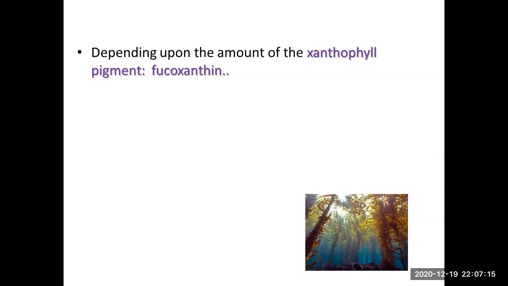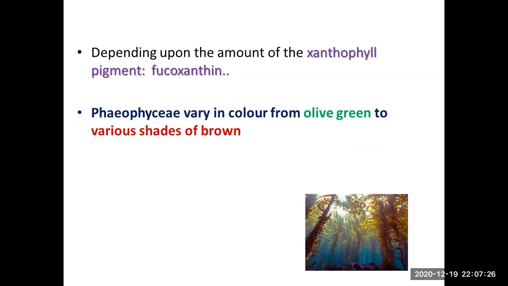Depending upon the amount of xanthophyll pigment, that is fucoxanthin, Phaeophyceae vary in color from olive green to various shades of brown. The cell wall of brown algae is made up of cellulose, and it is coated with algin.